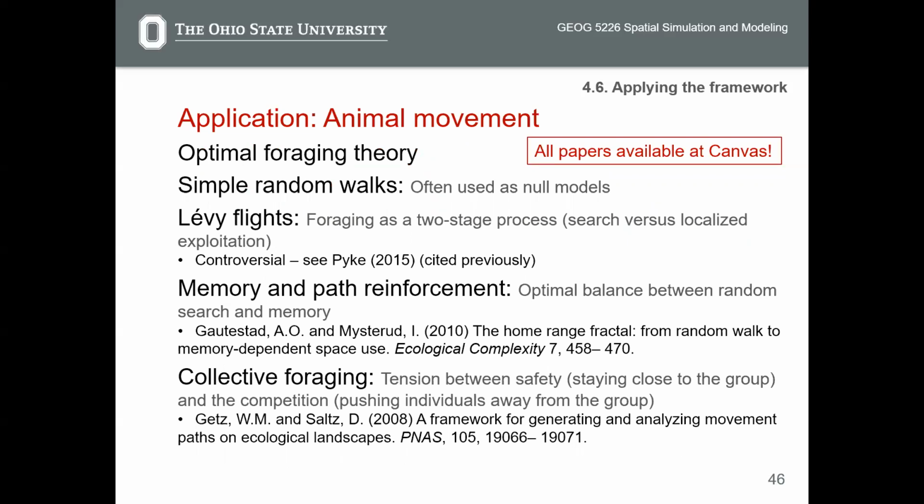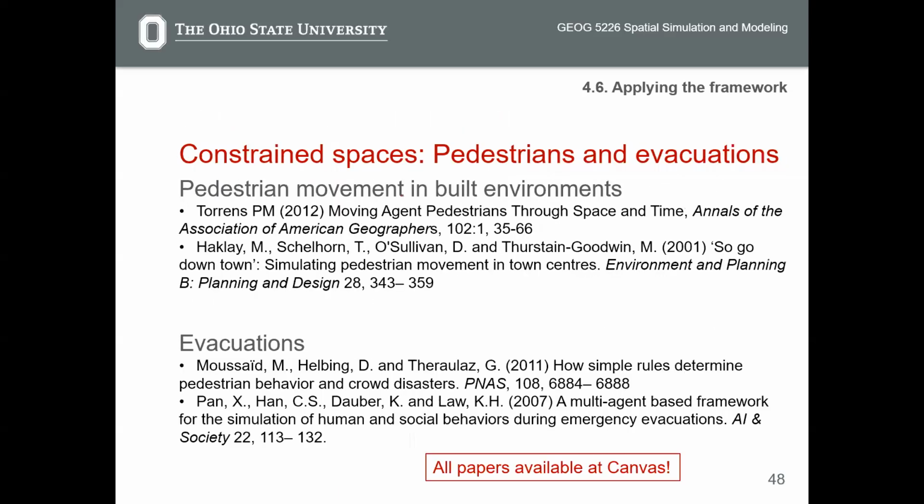I've pasted a lot of literature in Carmen about different applications of the random walk framework and other models we have discussed in this chapter: animal movement, human mobility, and pedestrians and evacuations.